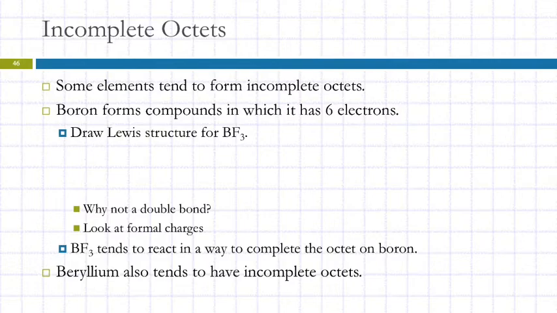Boron tends to form compounds in which it has 6 electrons instead of 8. And the way I rationalize this in my head is, well, it's small and it can't quite handle 8 electrons. That's, of course, not the scientific reason, but it works for me. So let's look at BF3, boron trifluoride, and draw the Lewis structure here.